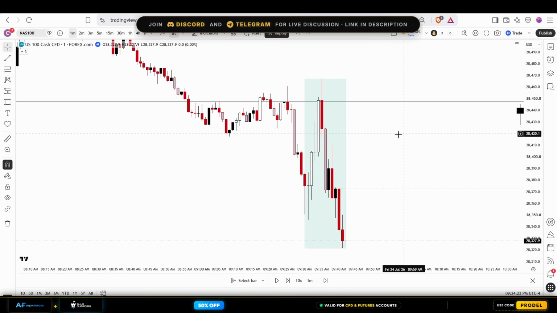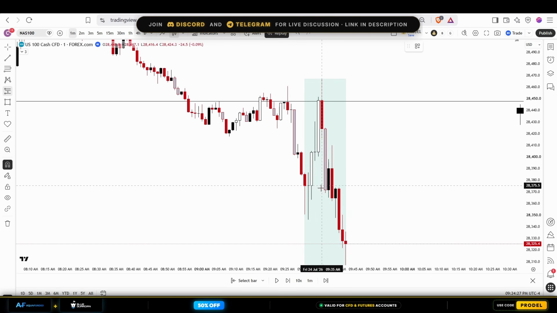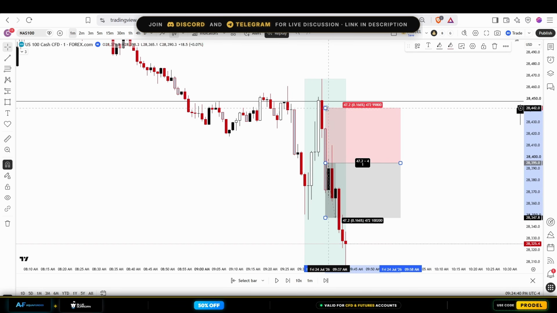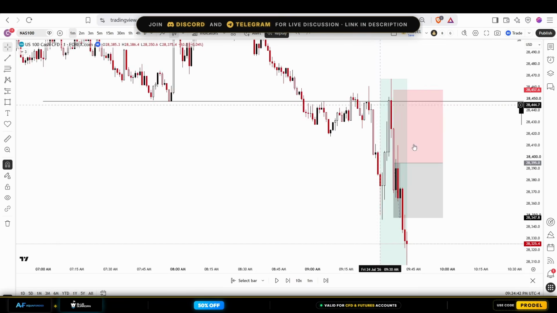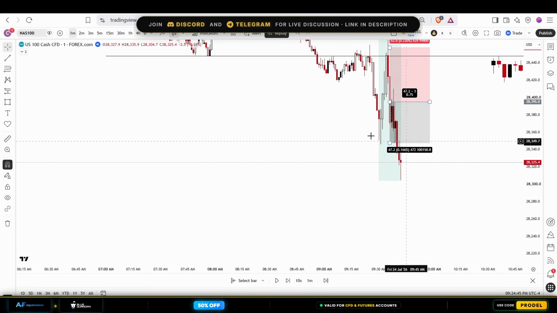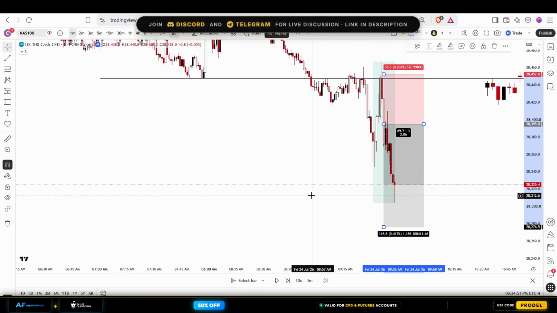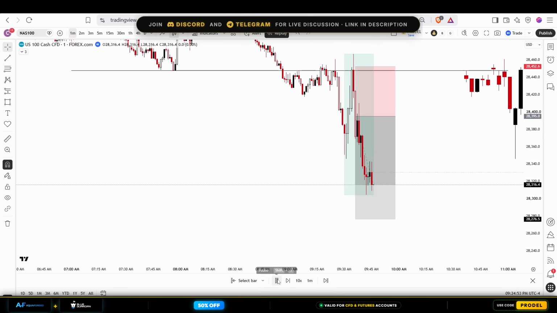At 9:30 you can see the inverse fair value gap forms here, but the inverse fair value gap is so big, so we can just take the entry like this at the exact inverse fair value gap here. Just put your SL slightly above the POI, because yeah, we can just adjust like this and just take 1:2 RR like this.